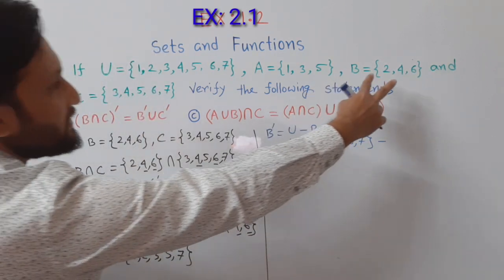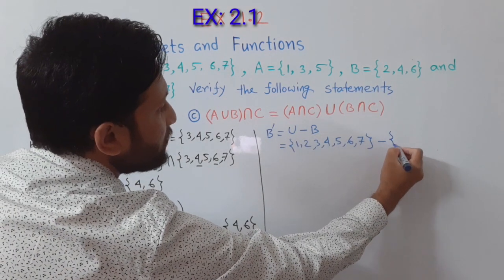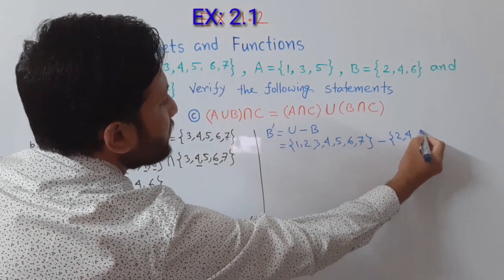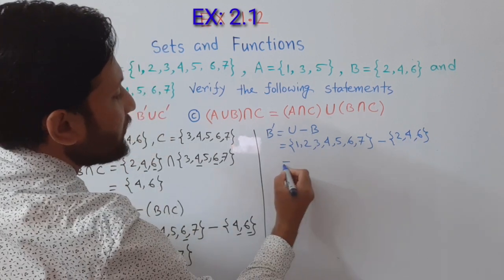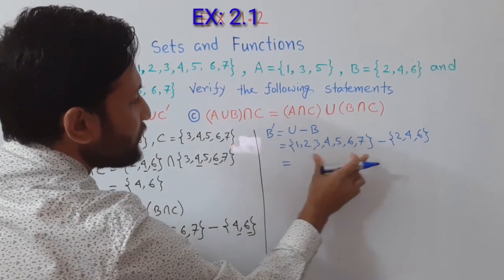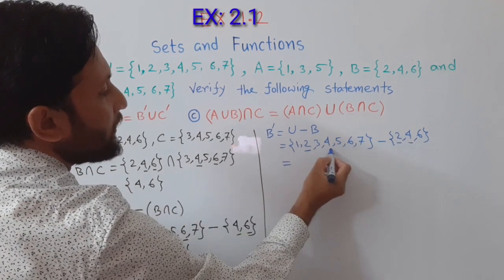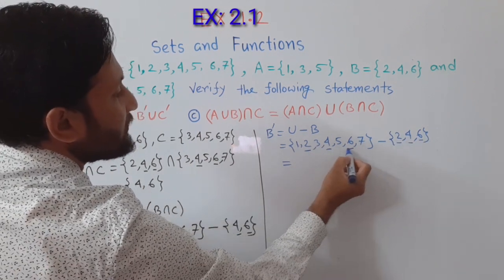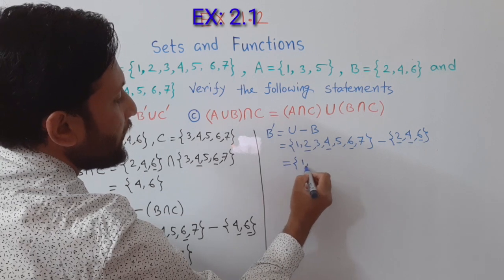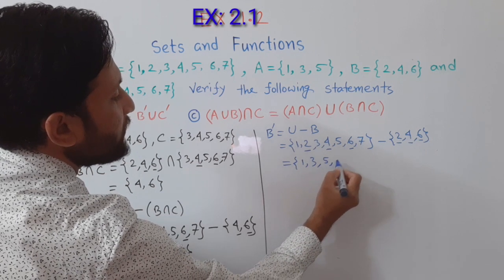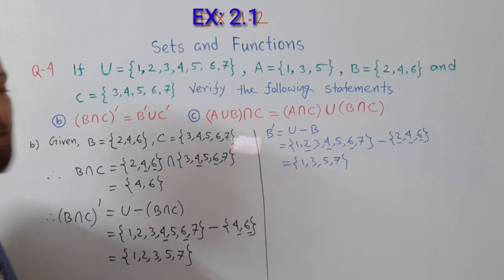So B set 2, 4 and 6, total 3 elements. Now cancel the 3 elements from universal set. So 2, 2 cancel, 4, 4 cancel and 6, 6 are cancelled. So rest elements are 1, 3, 5 and 7. Okay, this is B complementary.